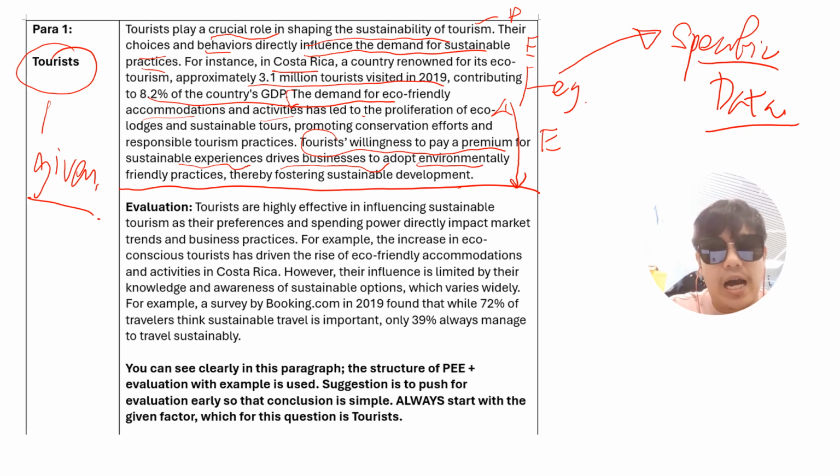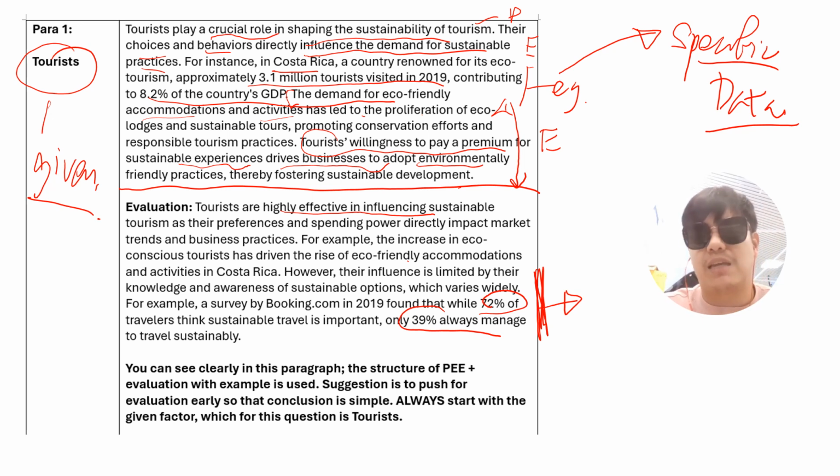While we say they are highly effective in influencing sustainable tourism through their preference and choice, however, their influence is limited by their knowledge and awareness. In fact, it is also a choice. It is interesting to note that while 72% know sustainable traveling is important, only 39% manage to travel sustainably.